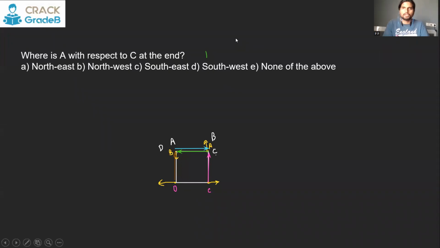No, it is correct. They will be on the same point. Where is A with respect to C? They will be on the same point. So answer will be, sorry, A will be on the west of C. So answer will be none of the above. Next.